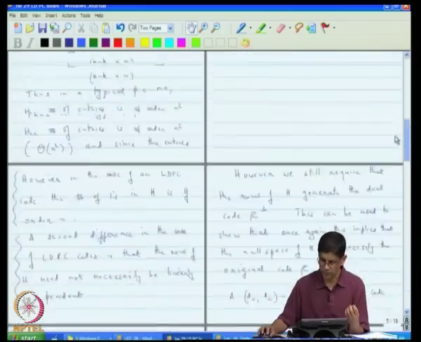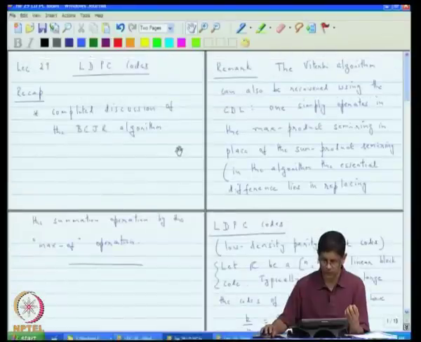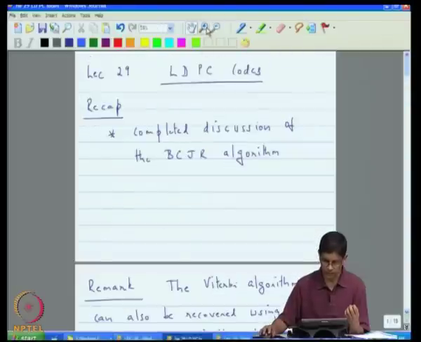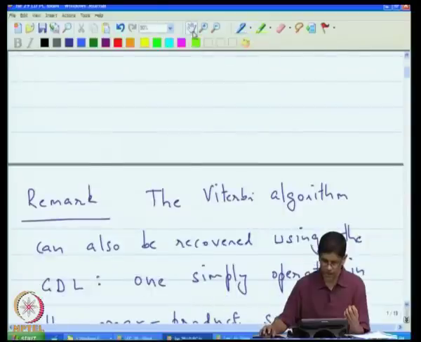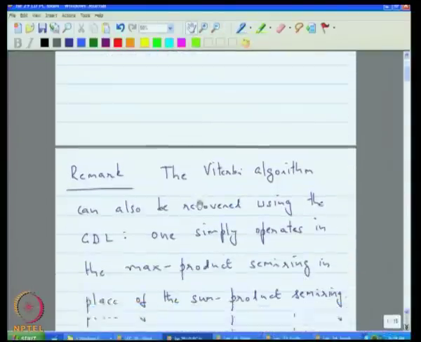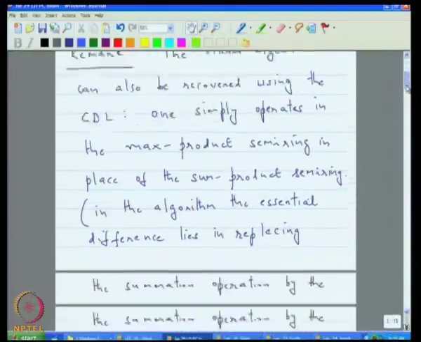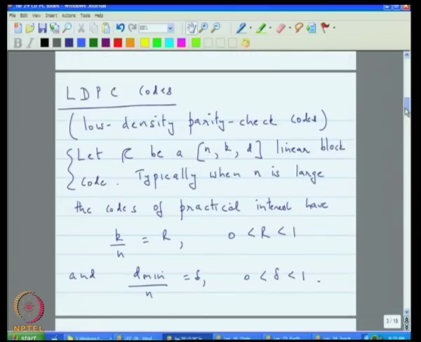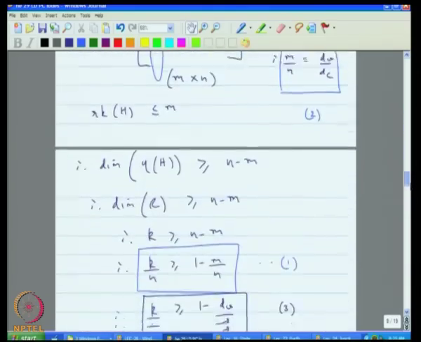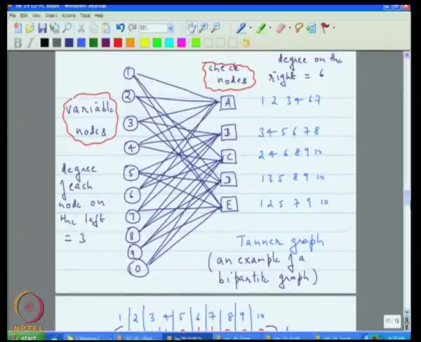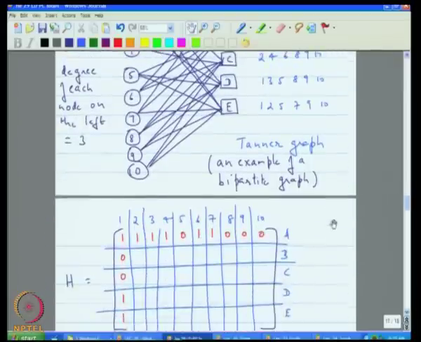Anyway, since we have just about a minute left, let me summarize. What we did today was introduce a new topic, which is LDPC codes, and I tried to explain why these are of interest, how the name low density arises, how you can estimate the rate of the code, and introduced a graphical representation called the Tanner graph.